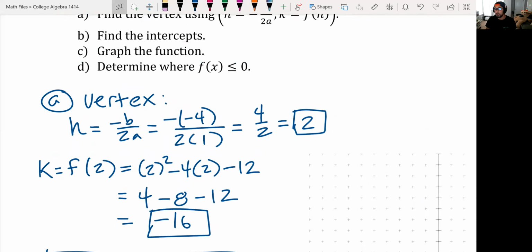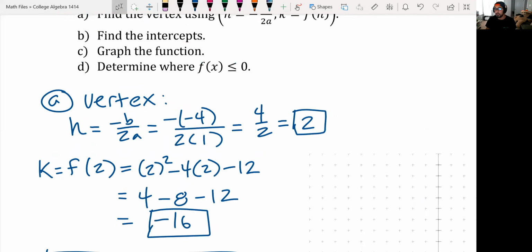All right, let's do it again. x squared minus 4x greater than 0. So start with A. Find the vertex, and here h is -b over 2a, and our b value here is -4, and our a value is 1.